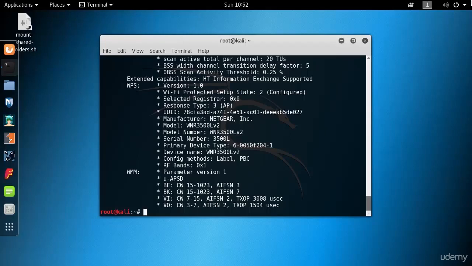You can do iw event to listen to events, but let's not spend too much time looking at iw because we're going to be looking more at the Aircrack-ng suite of tools for our purposes. I just want to point out that we can also do things like turning on monitor mode with iw.